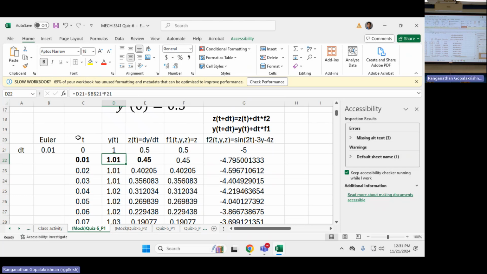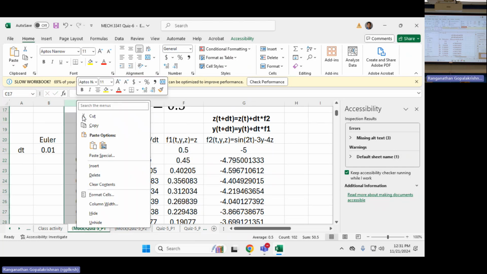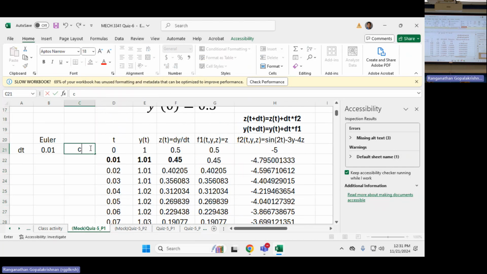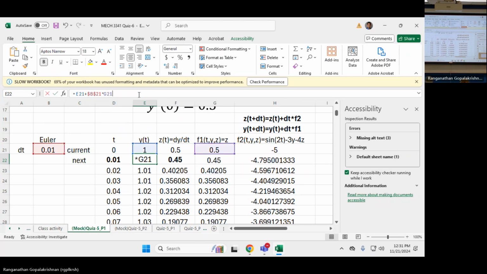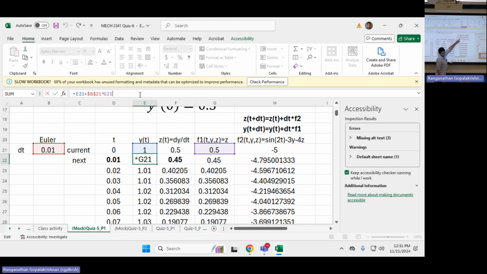So if you see here, y of t is the current value. If you want, I can add an annotation here saying this is current, this is next. So it's the current value plus dt multiplied by f1 as I've written here. Same thing goes for c, current value plus dt times f2.